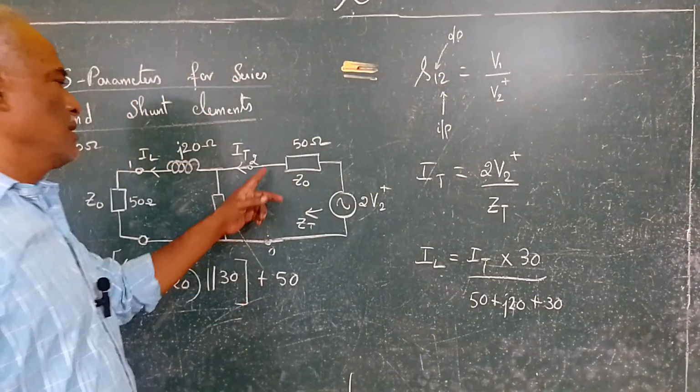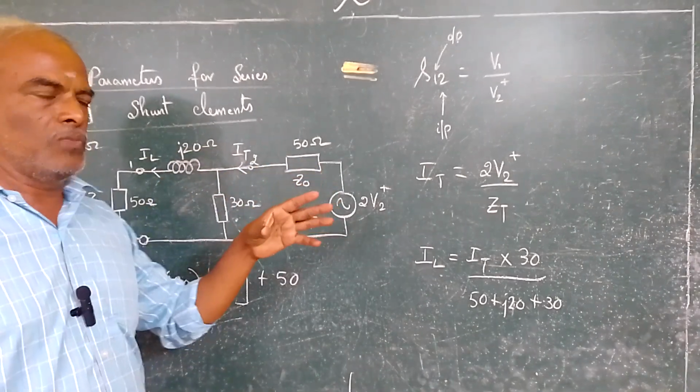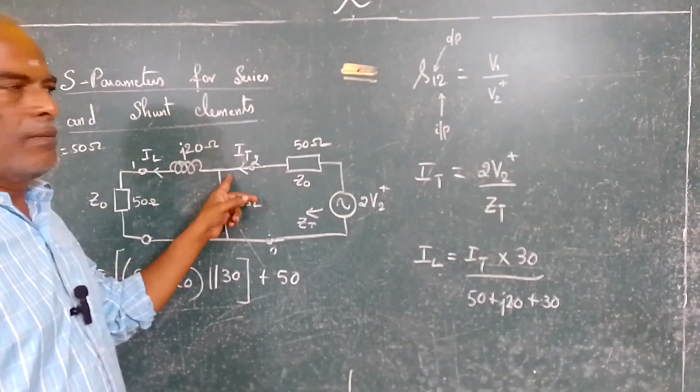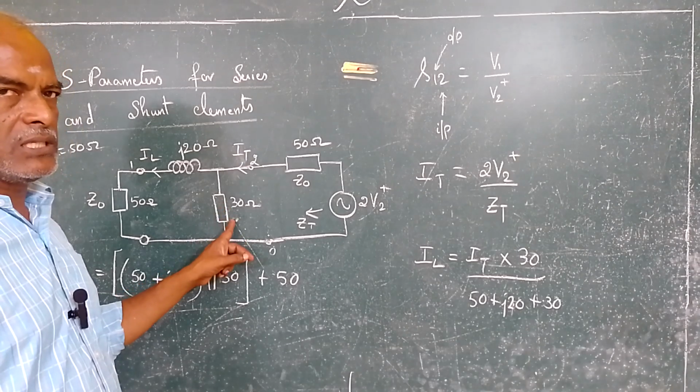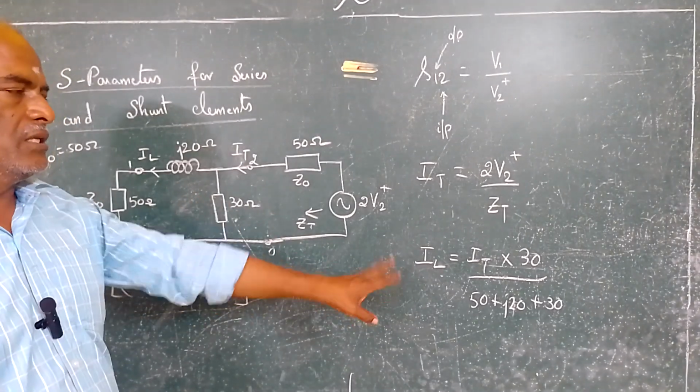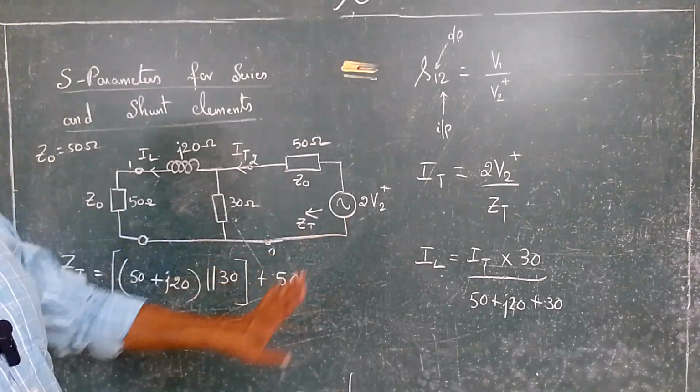So the formula is incoming current, I am using the current division rule: incoming current multiplied by the other resistance which is 30, and the sum of the resistances in the denominator. So now I know IL.